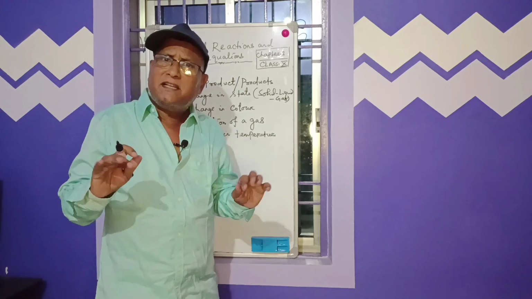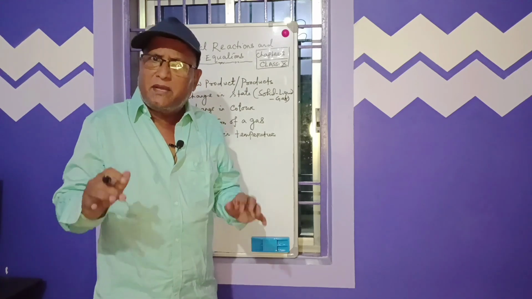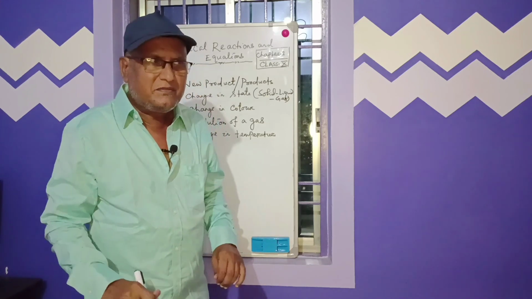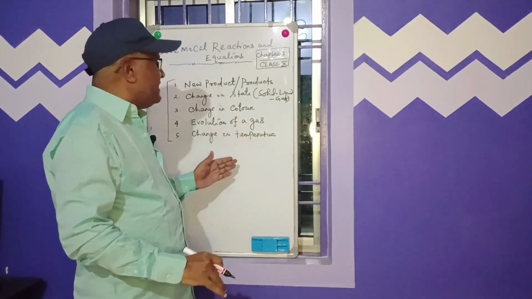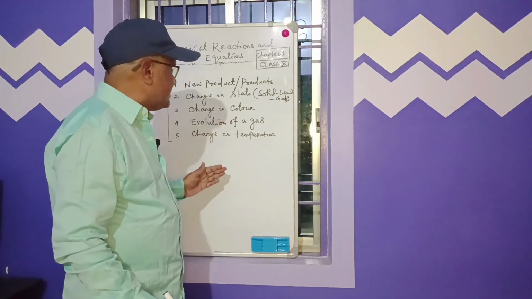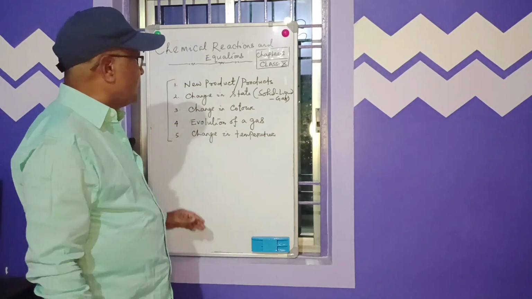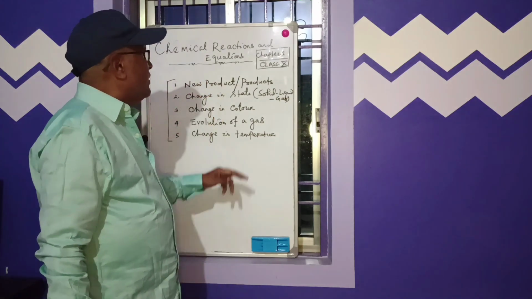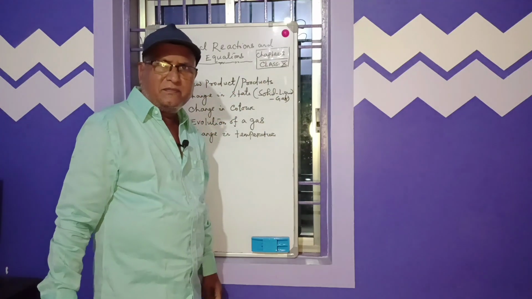So, what are the changes? Can we observe them? Yes, these are observable changes. And we have noted them one by one. Let me read. A new substance or new products are formed.